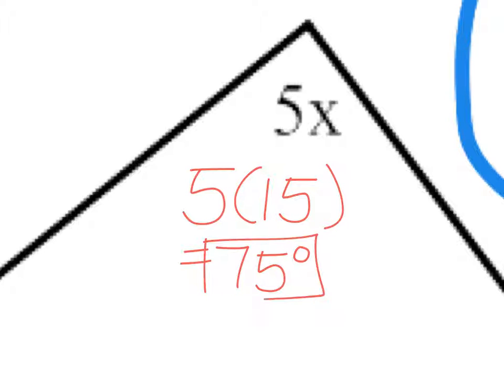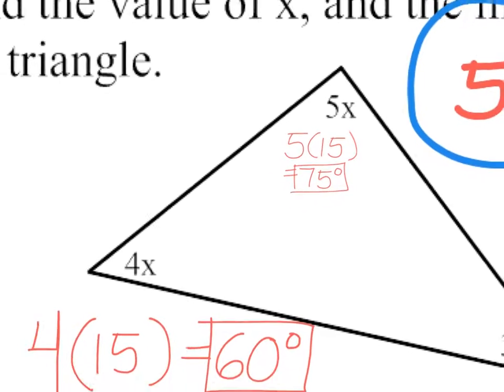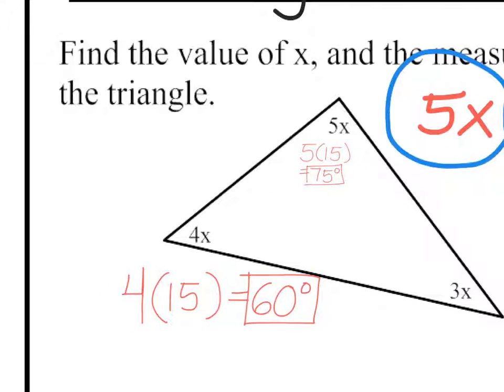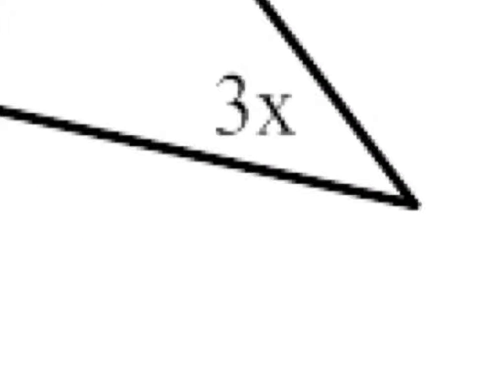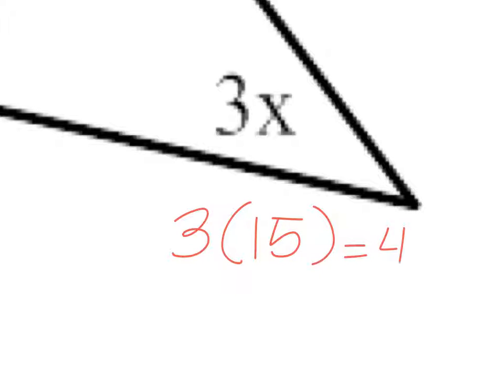75 degrees. Now for the last angle, you got 2 options. You can just plug it in and get your answer the same way I've been getting the answer, or you can subtract from 180 and you should get the same thing. I'm going to plug in just because we kind of struggle with this. So this is 3x, which is 3 times 15, 15, 30, 45 degrees.